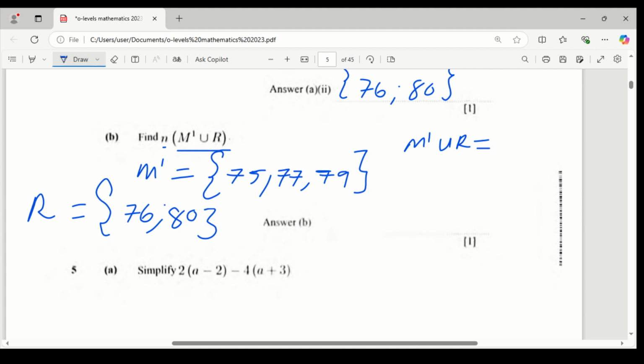It includes the elements like 75. If I'm to write them in order, it's 75.